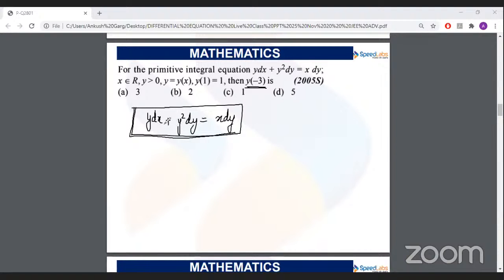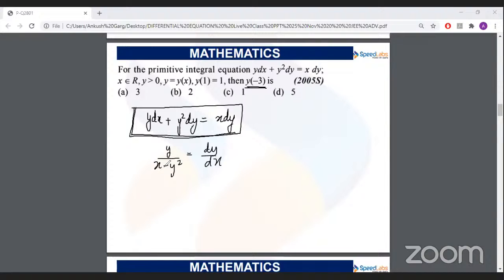Will this be solved by variable separable? If you find dy by dx, I think it will come out in something like this. Taking this term on the right hand side, dy by dx comes something like this. So you can't solve it using variable separable.